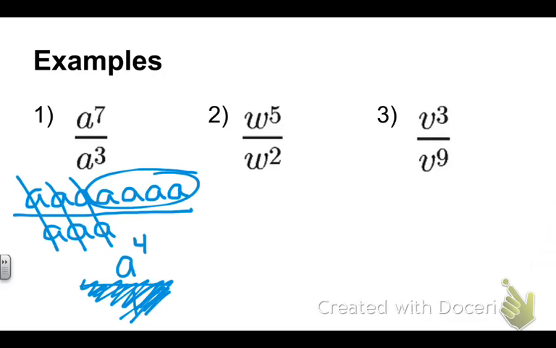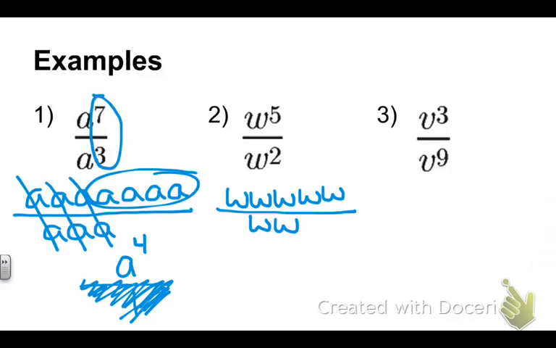This is where the subtraction comes in. If you look at your exponents, 7 minus 3 will give you 4. So it's the same thing for number 2. Alright, 1, 2, 3, 4, 5 w's all over 2 w's. These are going to cancel out and just leaves you with 3 w's on top.